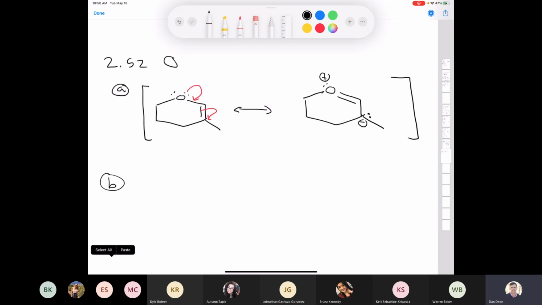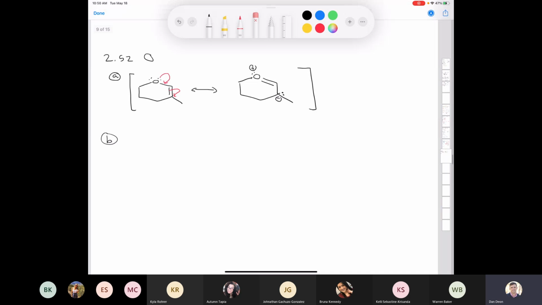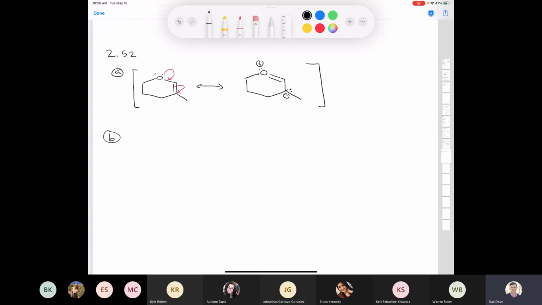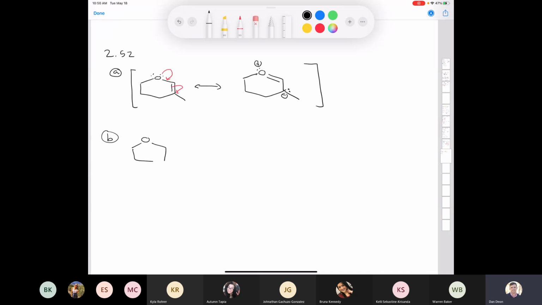So in B, what have we got? We're starting out with a ring, and we have a positive charge. Right here, we have a carbocation. So now we've got a lone pair adjacent to a positive charge. And so we can take this pair of electrons and dump them in here to make a pi bond. Maybe I could make that arrow a little better so that it ends right between the atoms, like this.